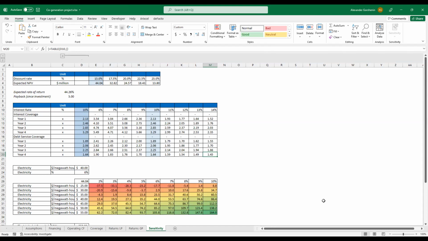Nevertheless, if interest rates were to rise above 14%, the coverage ratios would deteriorate further and would at some point jeopardize the sponsors' ability to raise the amount of debt financing contemplated. To eliminate this risk, the sponsors could pre-finance or else purchase some form of interest rate protection.